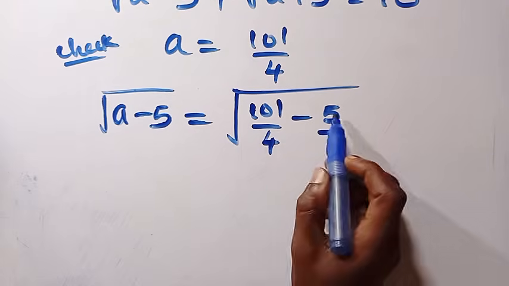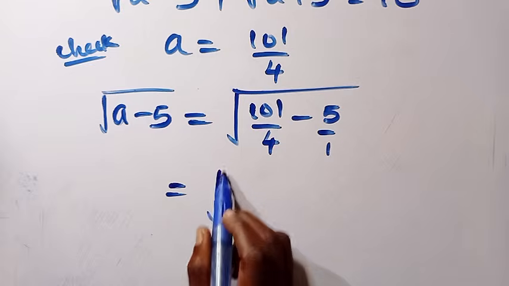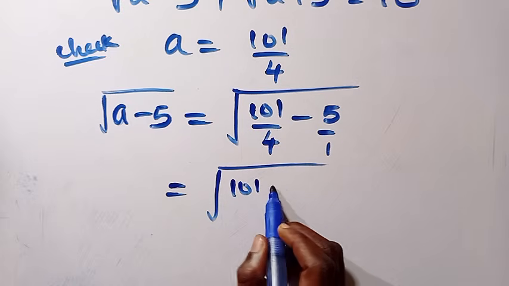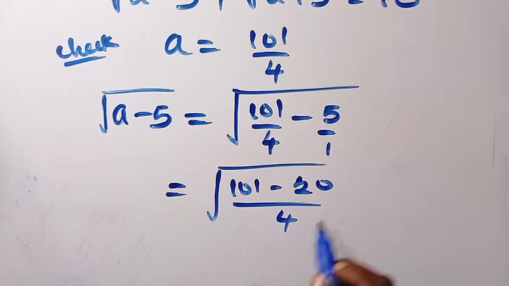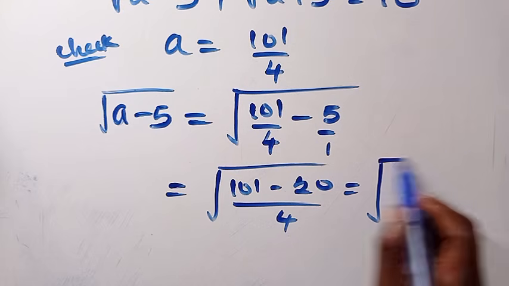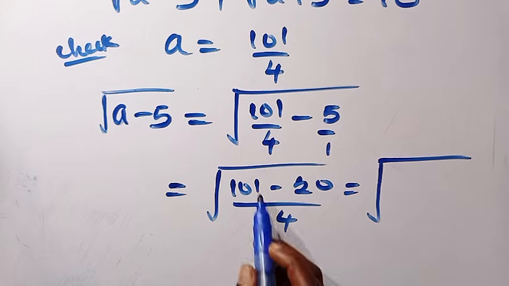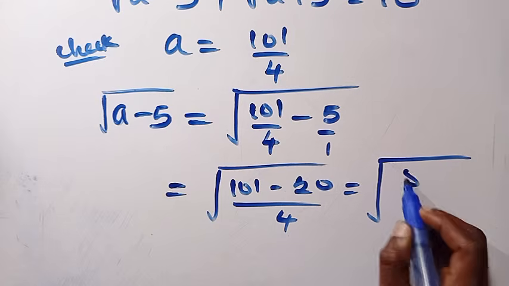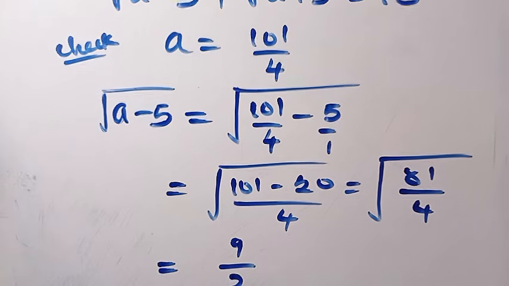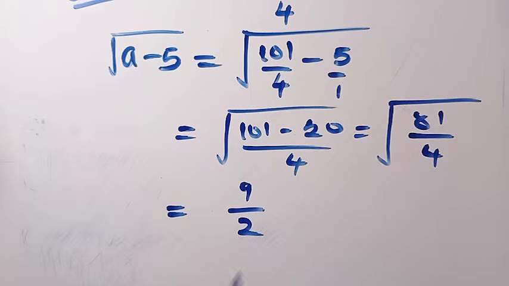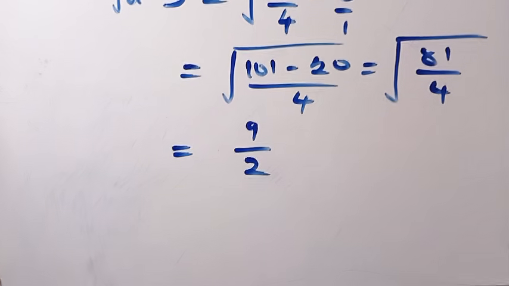So by multiplying 4 with 5, we have the square root of 101 minus 20 divided by 4. And this equals, if I subtract, 81 divided by 4. So we have the square root of 81, that is 9, and the square root of 4, that is 2. The whole of the square root of a minus 5 gives us 9 over 2.